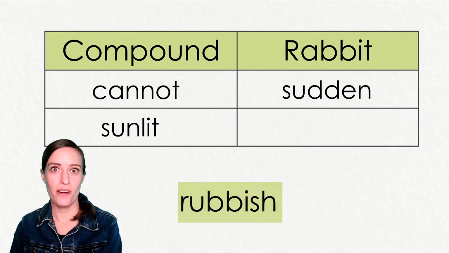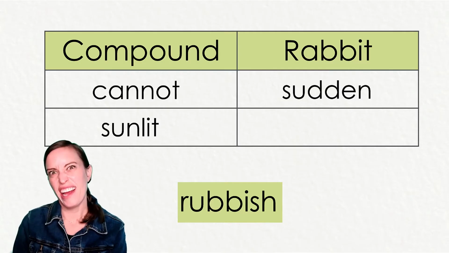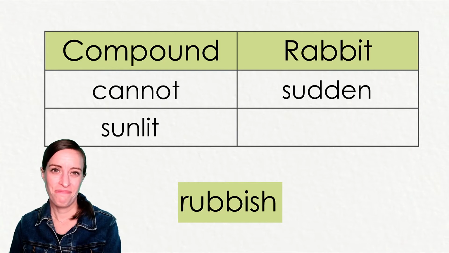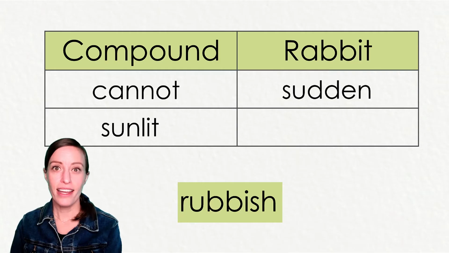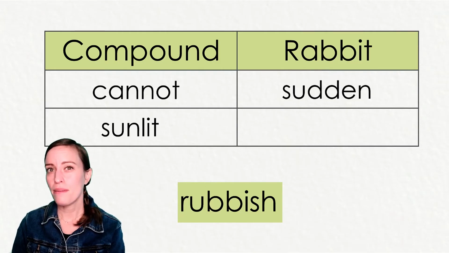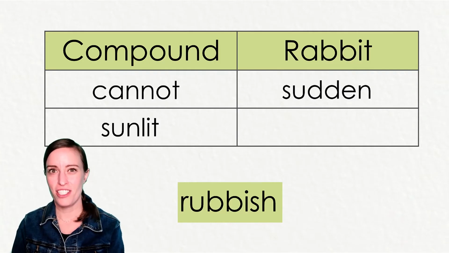Here is our last word. Rubbish. Rubbish is another word for trash. Let's find those vowels. The U says uh and the I says ih. So if I break that up between syllables, I have rub-bish, rubbish.